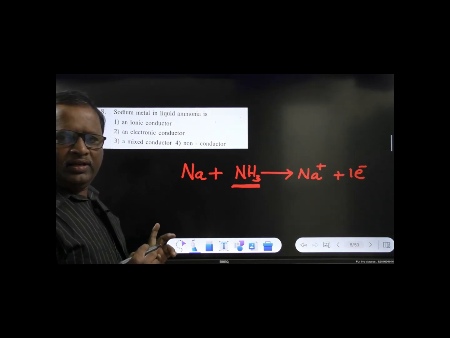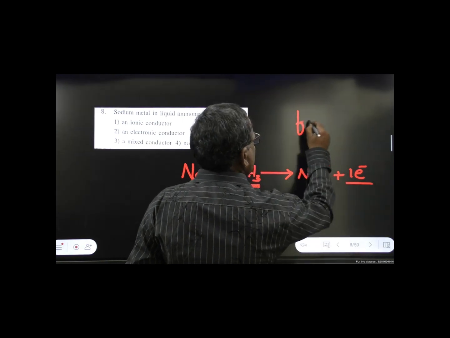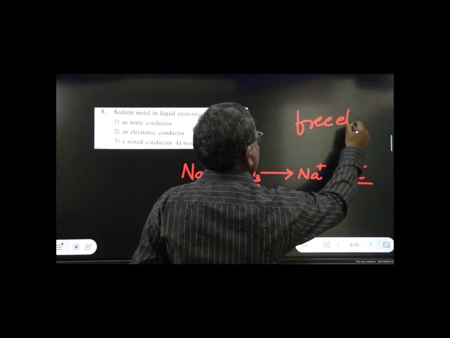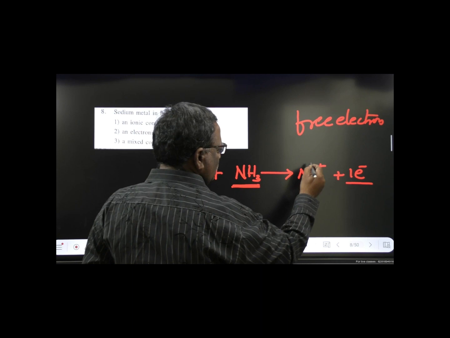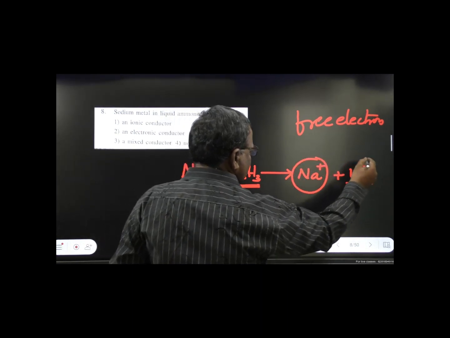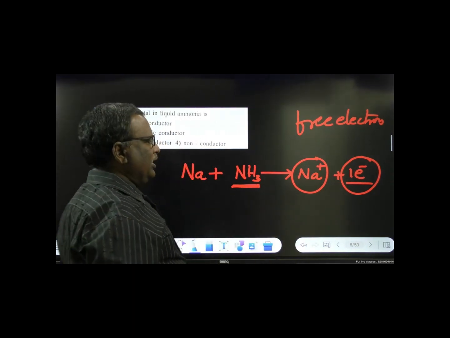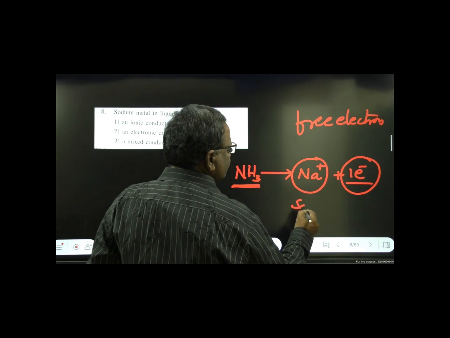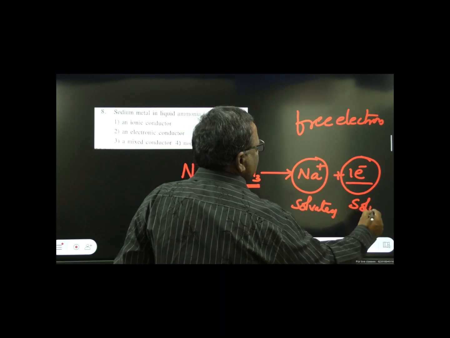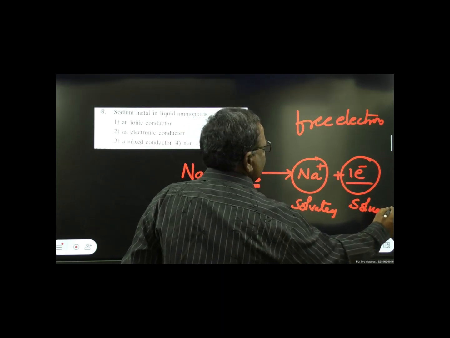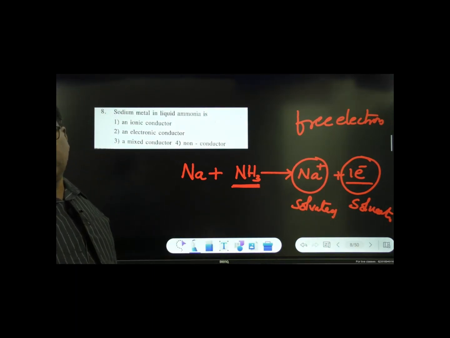Because of that ionization, free electrons are available. Now, these ammonia molecules surround sodium ions and also surround electrons. Because of that, in liquid ammonia, they are called solvated sodium ions and solvated electrons. So solvated sodium ions and solvated electrons are available in the solution.